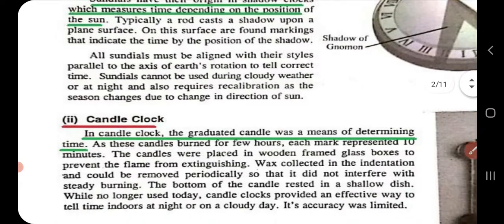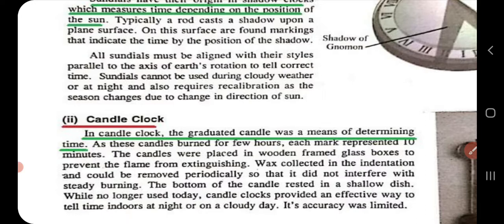All sundials are kept in such a way that their styles are parallel to the axis of Earth's rotation, because it is in that position that a sundial tells us the correct time.